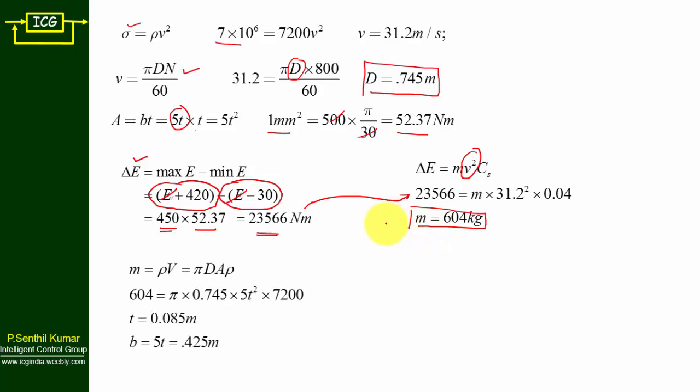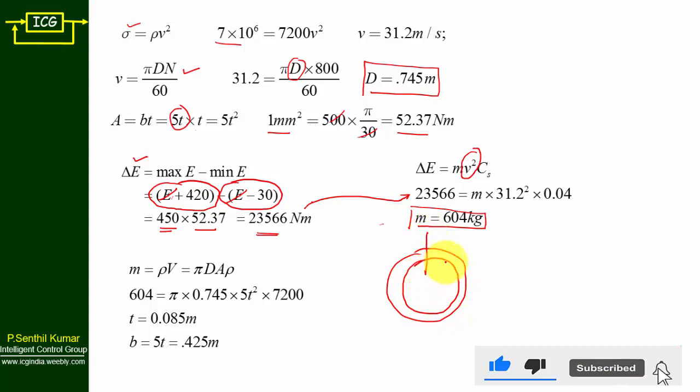So with this we move on to mass equal to density into volume. Again, density into volume, pi D A. If you see the shape of the flywheel, it looks like this. You just cut this portion and you can see a rectangle, and this is the thickness, this is the breadth.